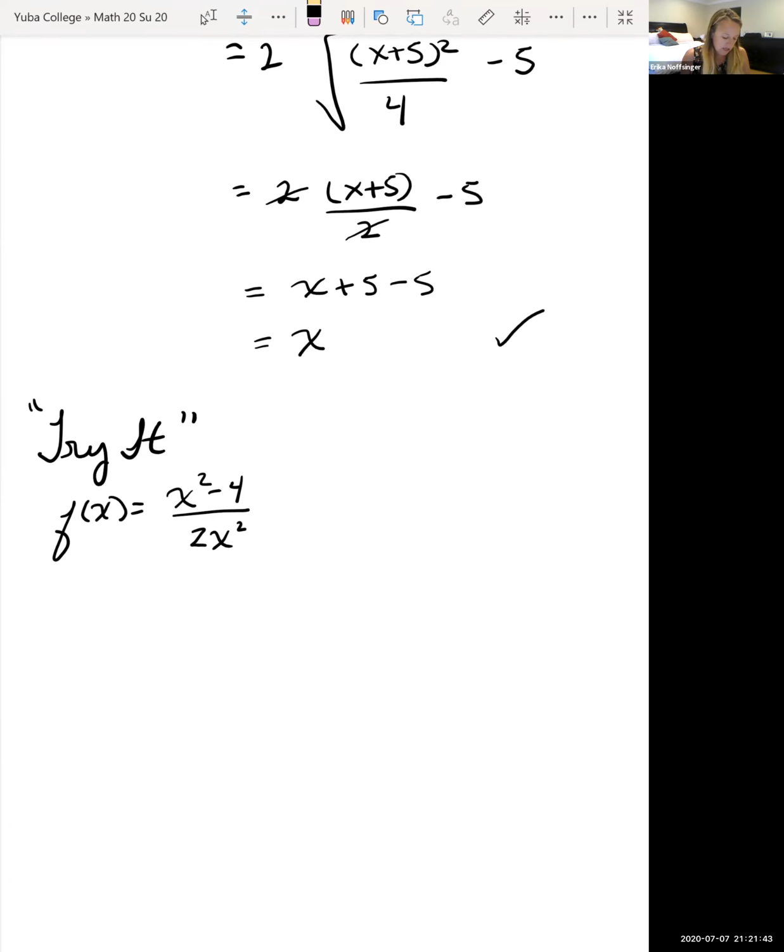They actually give you a stipulation, and that's probably to make it 1-to-1, that x has to be greater than 0. So for that, you want to find f inverse of x, and check your answer.